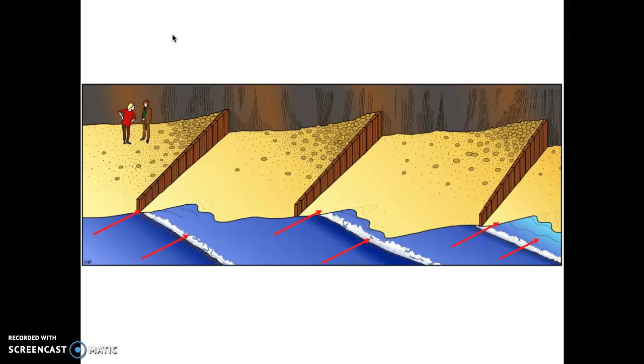Now we already know that waves are caused by the wind. Well, the wind usually blows the waves so that they hit the beach at an angle. And here you can see these red arrows are showing that the waves are hitting the beach at an angle.